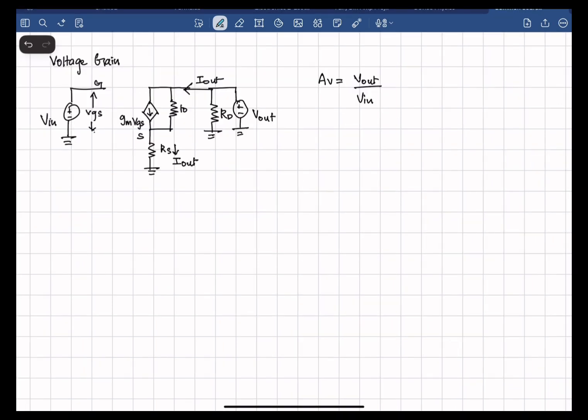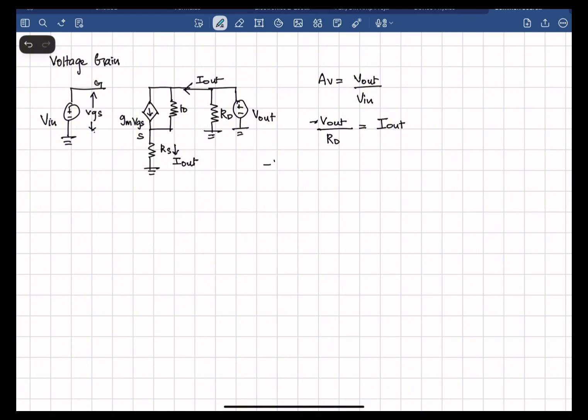Voltage gain Av is given as Vout over Vin. Minus Vout by RD is equal to Iout. And if I apply KVL to this loop, this time Vin is not equal to 0.